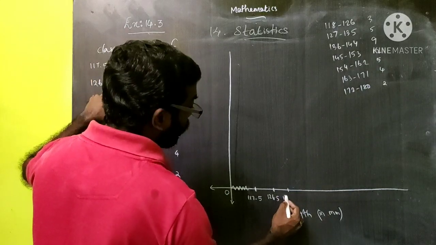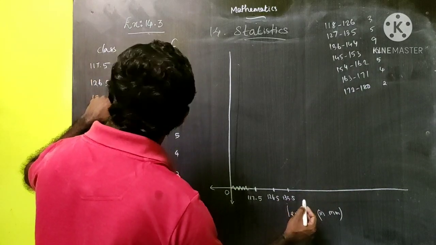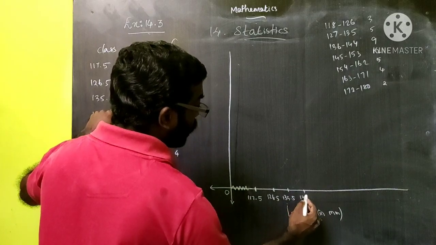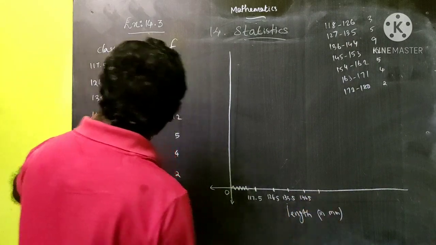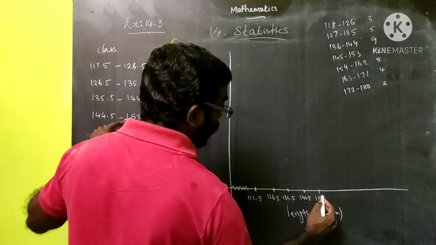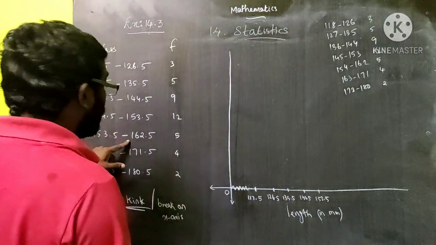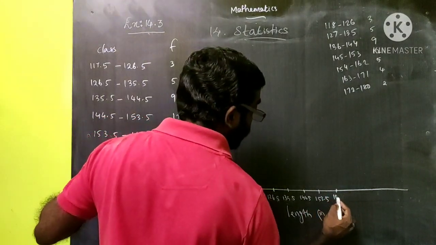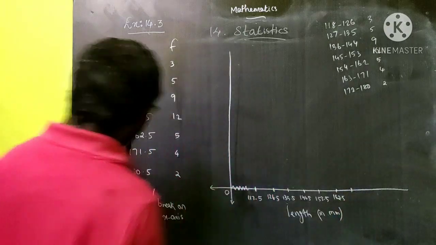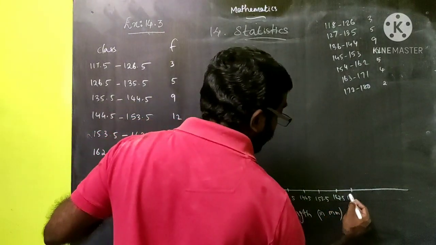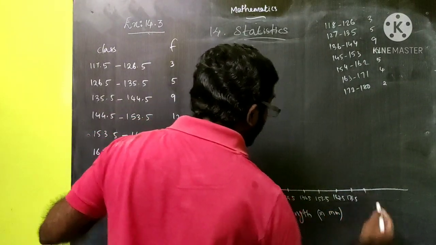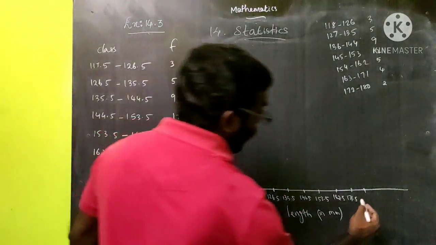Then 135.5. Then 144.5. 153.5. 162.5. 171.5. Then 180.5.